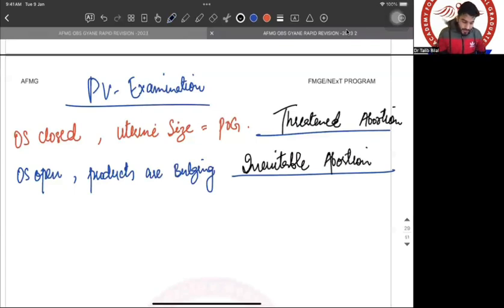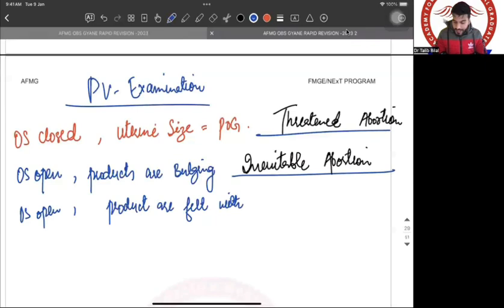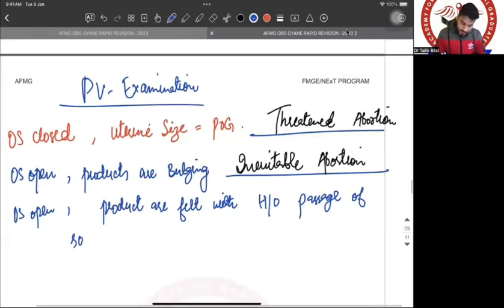Then the third condition, guys: the os is open and products are felt, with a history of passage of some masses.